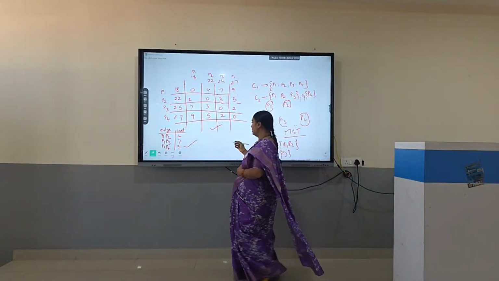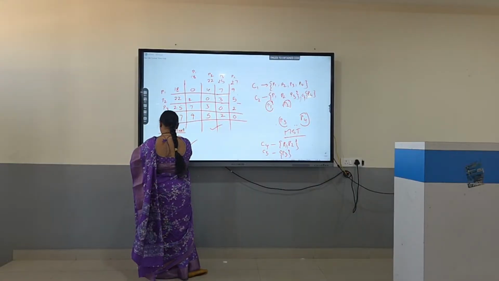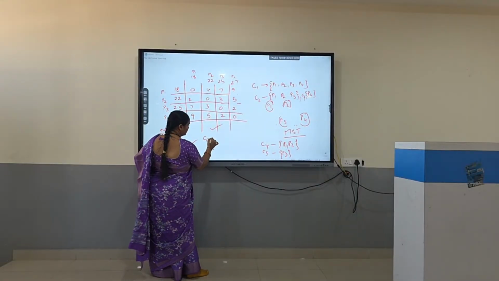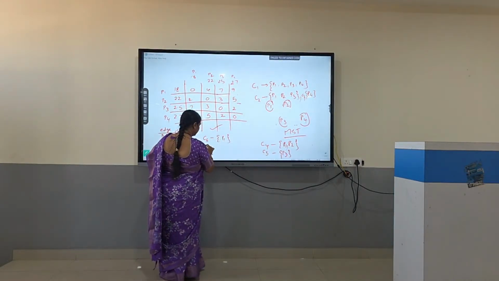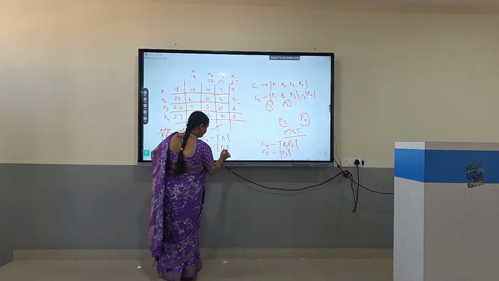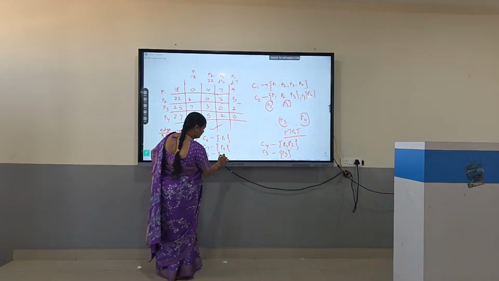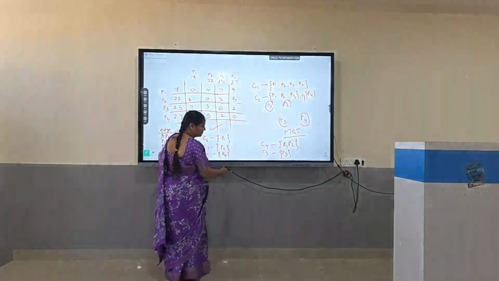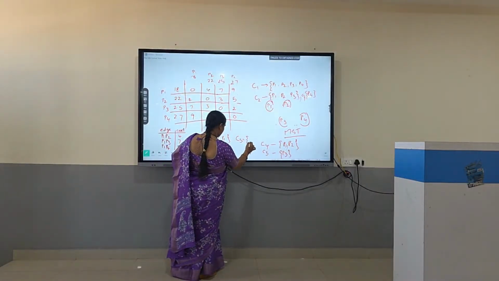Then finally your clusters are: C6, it is P1. C7, P2. C3, P4, and C5, it is P3.